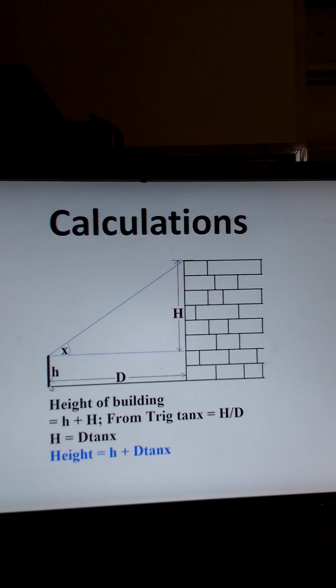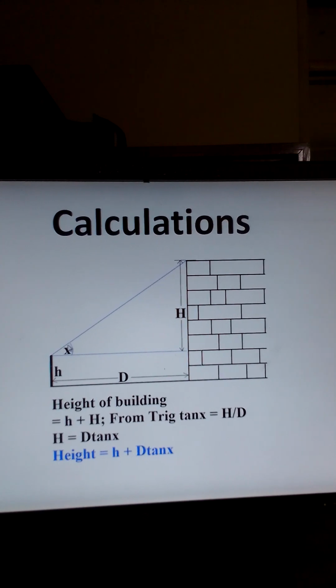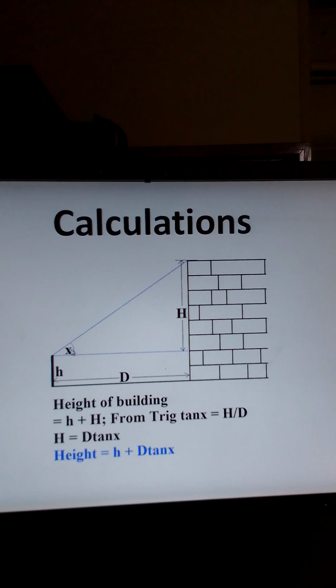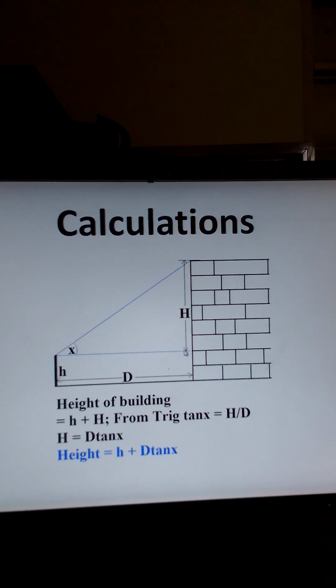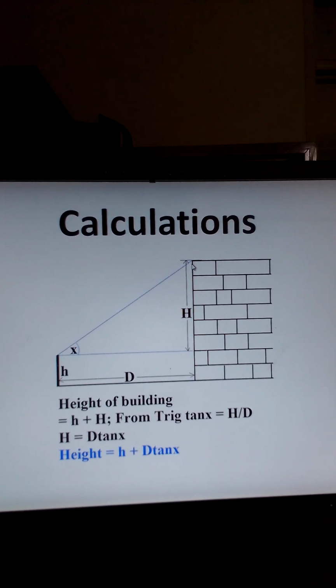D is the distance from the observer to the building, and X is the angle of elevation, which is taken using the Abney level. The capital H is the height of the building from the eye level of the observer to the top of the building, which shall be obtained from calculations.